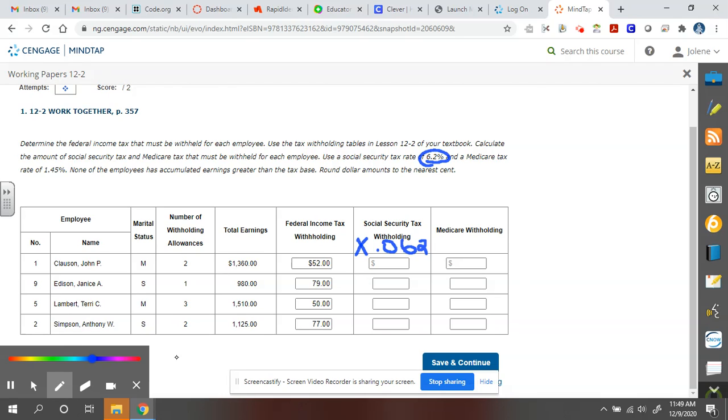And then Medicare rate is 1.45%. So with this, you're going to multiply 0.0145 to get these dollar amounts right here.